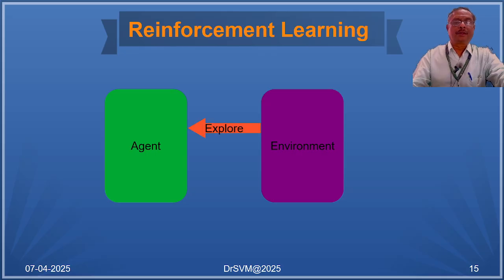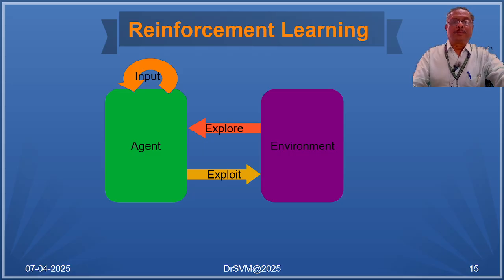First, the agent will explore what is there around himself or herself. It explores the environment, gets the input, and then exploits the environment.